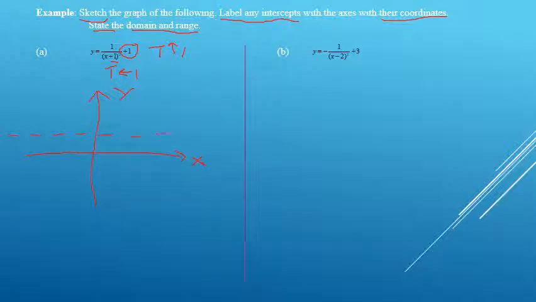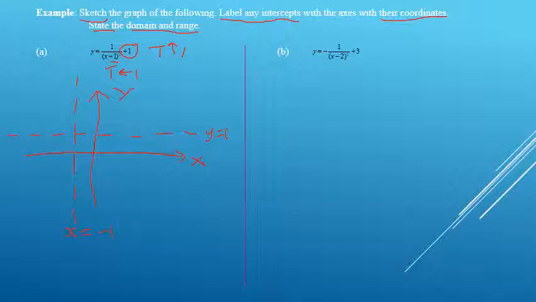So this would have the equation y equals 1. The vertical asymptote, which originally is on the y-axis, has moved 1 to the left, so next I'd put in the vertical asymptote here, and this is now at the value x equals -1.